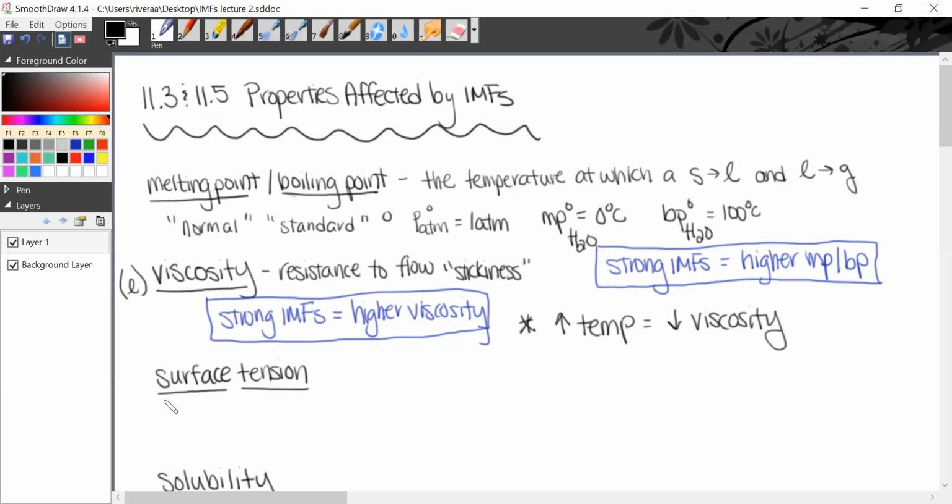Okay, moving right along. Another property that we only talk about with respect to liquids is surface tension.